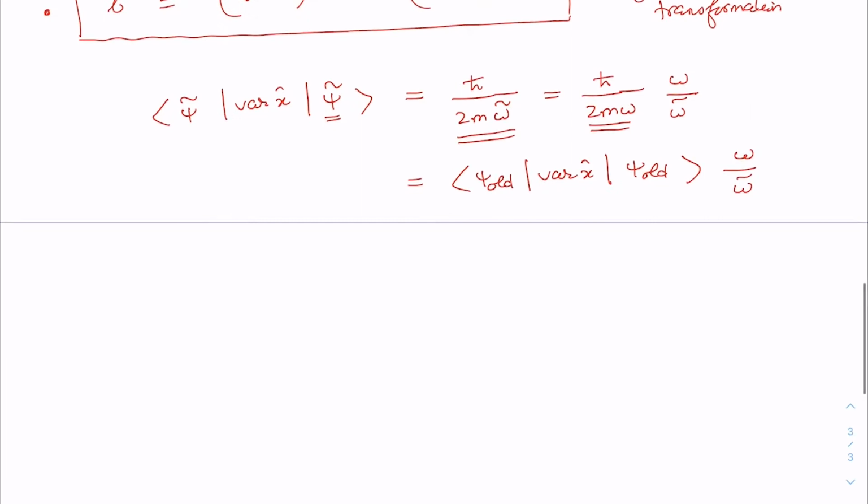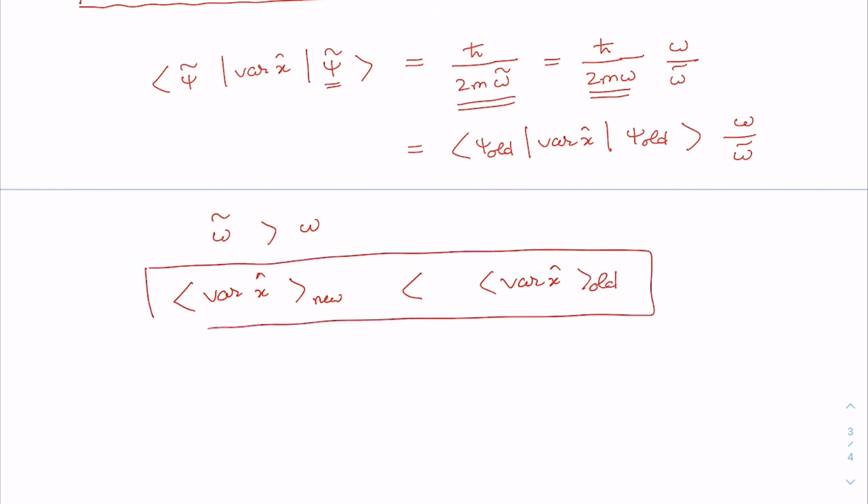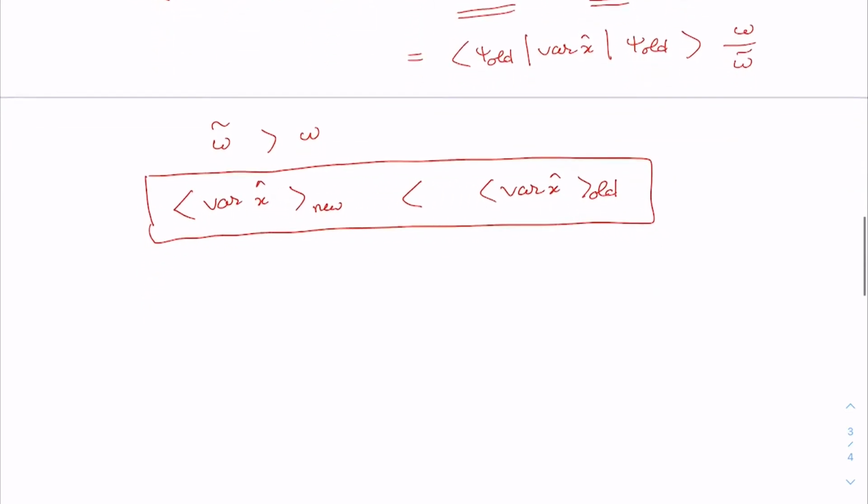Now as you can see, omega tilde, the frequency of the new harmonic oscillator, is greater than the old harmonic oscillator frequency. So clearly the variance of x for the new harmonic oscillator is less than the variance of x for the old harmonic oscillator. It is a clear indication that the uncertainty in position is decreasing.